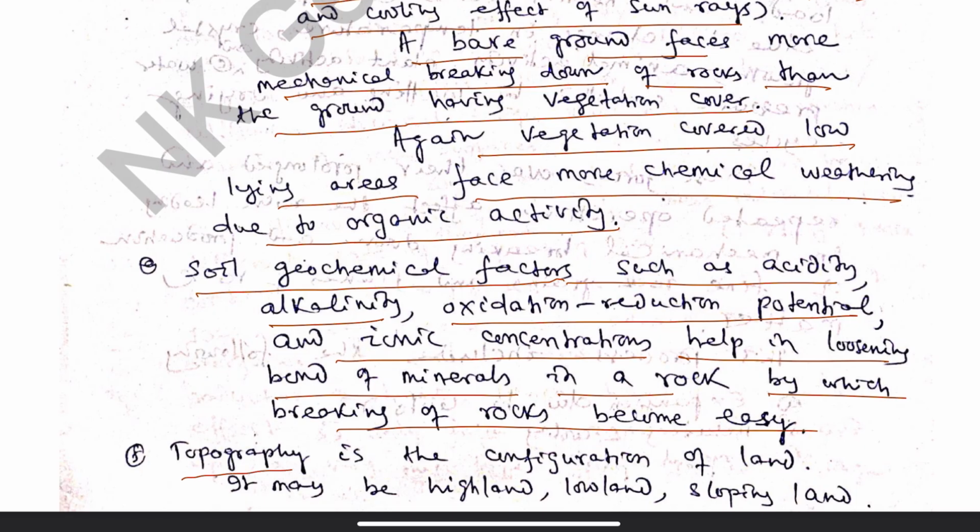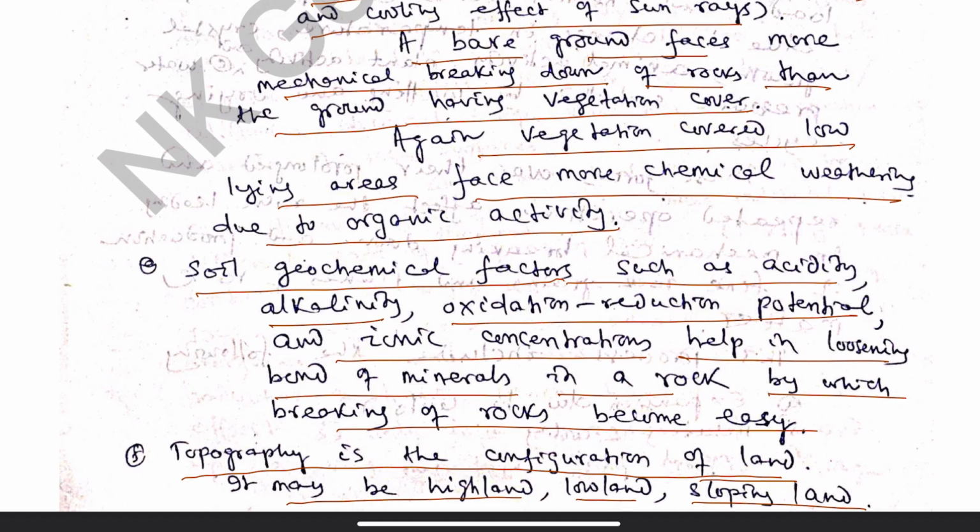Besides this, topography plays a role in the weathering process. Topography defines the configuration of the land. It may be highland, it may be lowland, it may be sloping land. So the rate of weathering differs from highland to lowland, and again it differs from that of the sloping land.